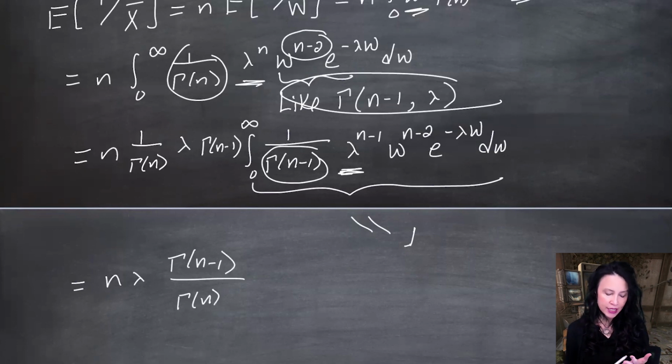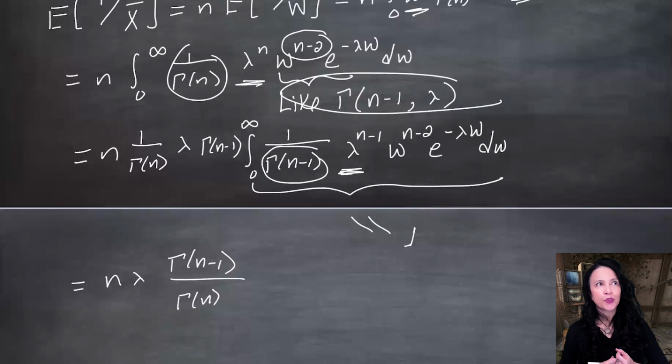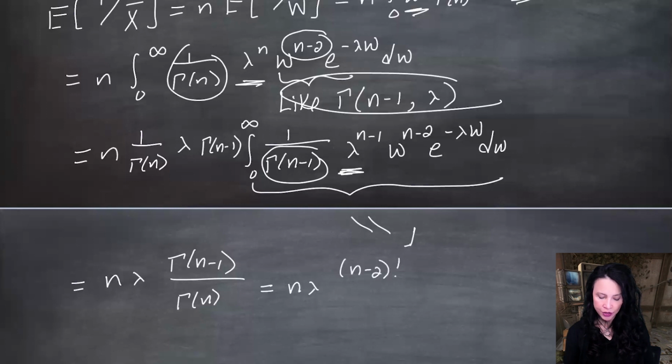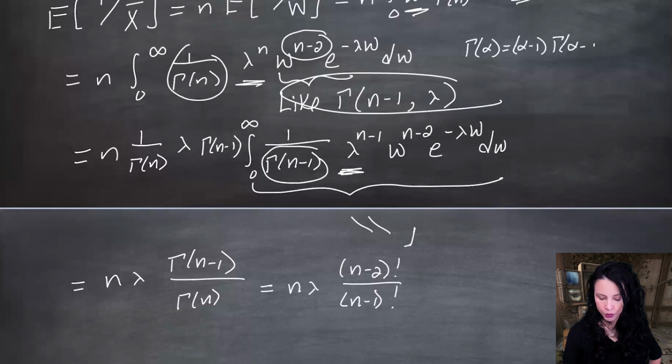And there's two ways you might simplify this. We have shown that for the gamma function evaluated at integers, gamma of n is n minus 1 factorial. So I'm going to write this as n minus 2 factorial over n minus 1 factorial. But another way you can do it is use the fact that gamma of alpha, if alpha is greater than 1, is alpha minus 1 times gamma of alpha minus 1.